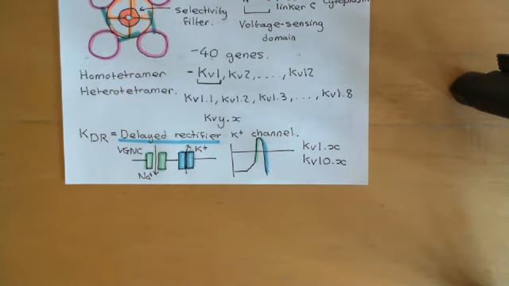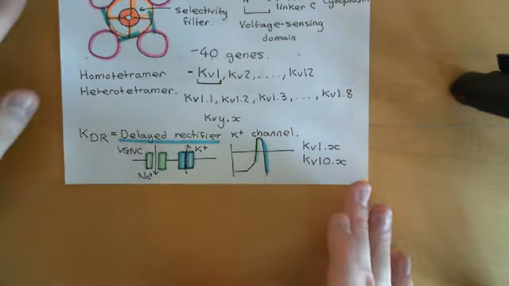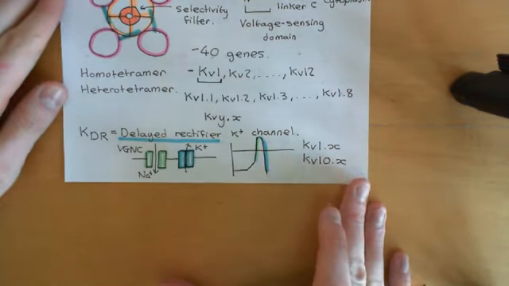Those are the ether-a-go-go voltage-gated potassium channel subunits, and they're implicated in the driving of carcinogenesis phenotypes. So that's what is meant by a delayed rectifier potassium channel. It's a concept that comes up all the time when you talk about voltage-gated potassium channels.